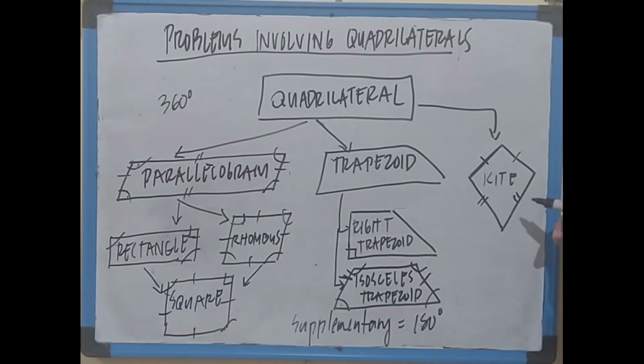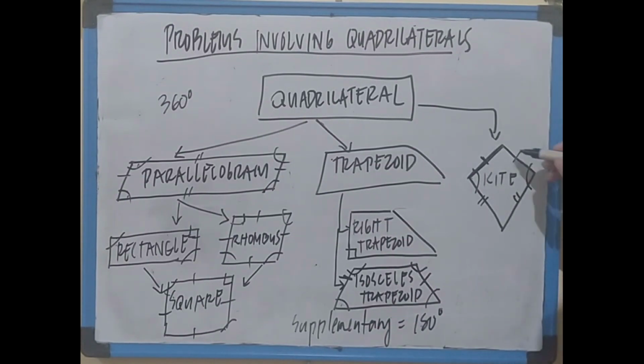Okay, for the KITE naman, sa quadrilateral, yung two angles lang dito ang magkaparehas. Okay, so that is the adjacent of two unequal sides here. Yung angle na nasa taas at nasa bottom ay magkaiba po ng sukat.